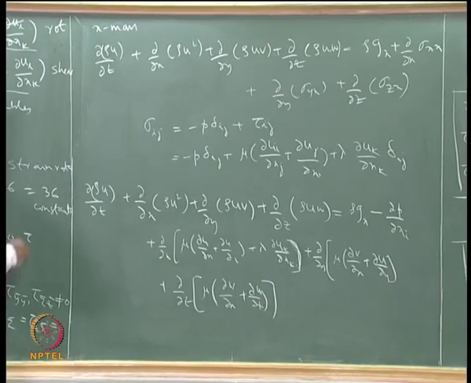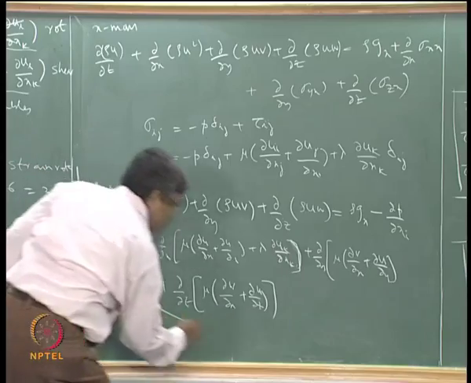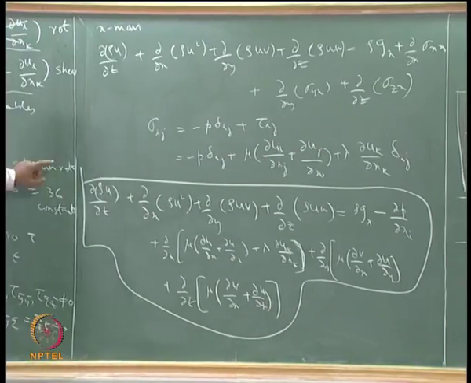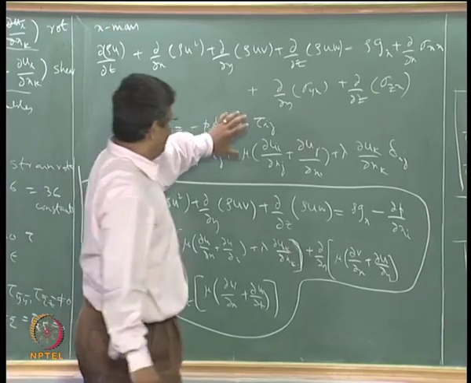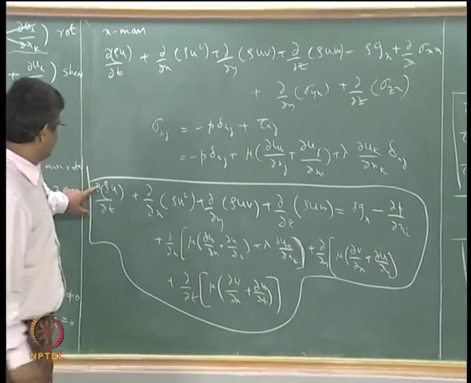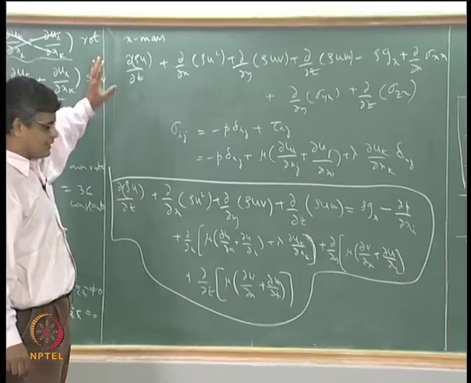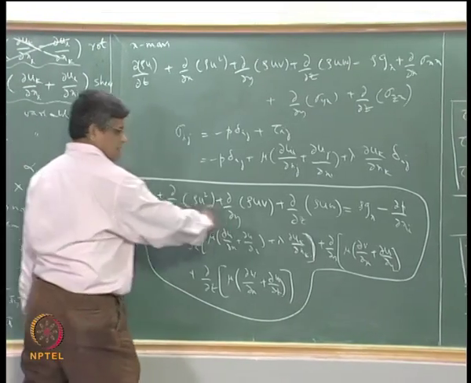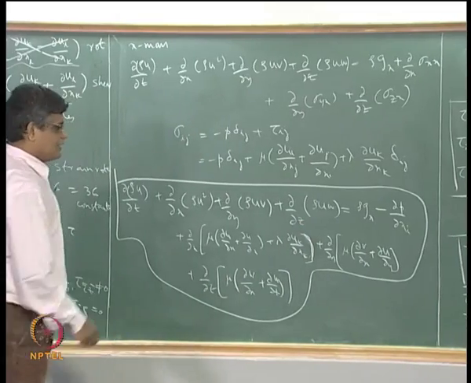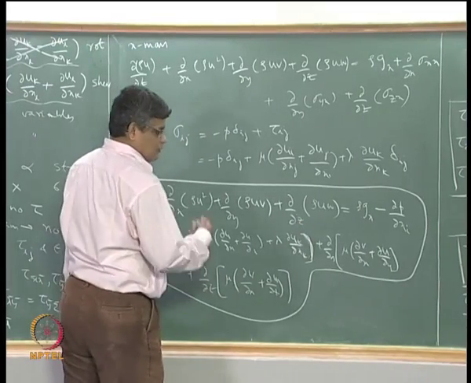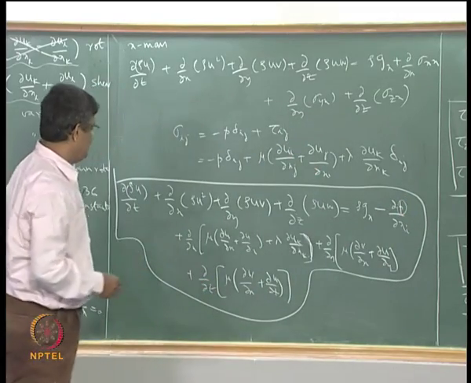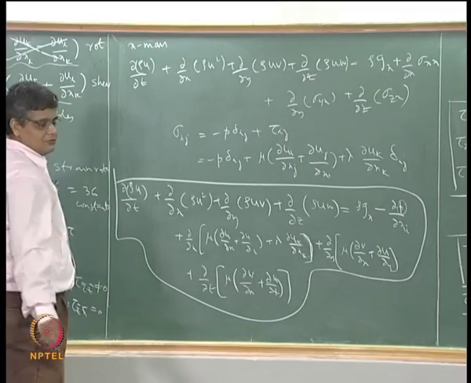So, this is the x momentum balance equation. We can also, making use of this expression, write down the momentum balance equation in the y direction and z direction. And what we observe from this is that this equation contains only one new variable p, and of course it has u.